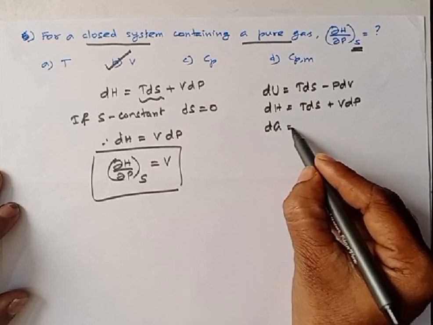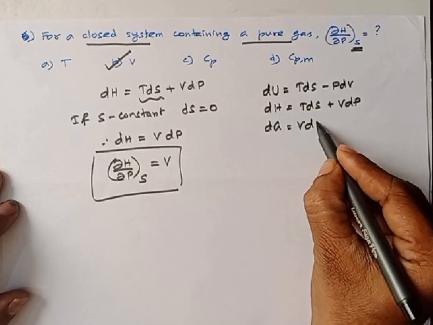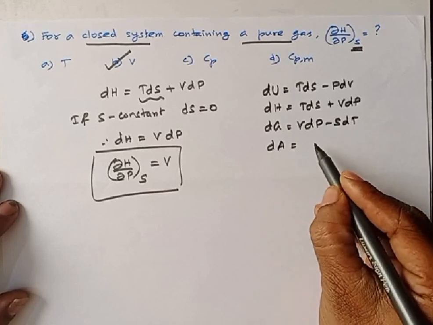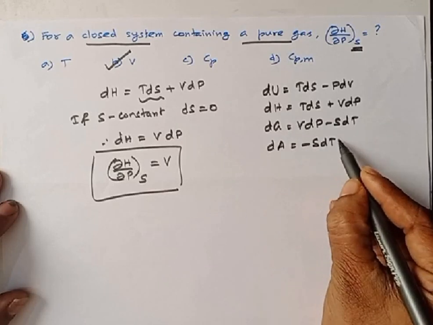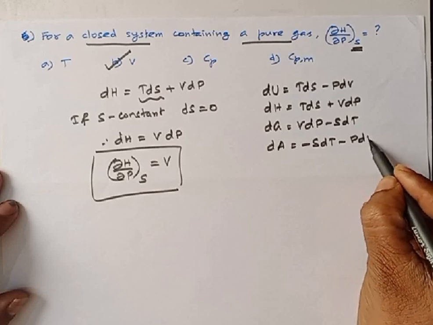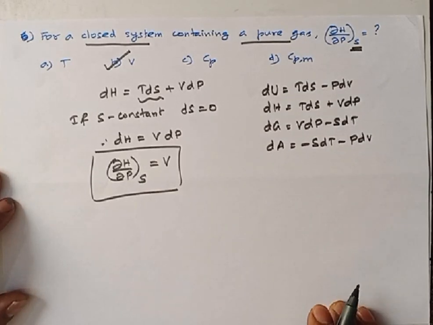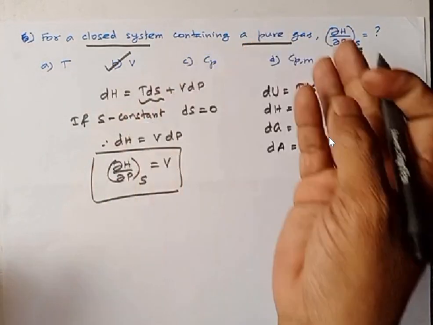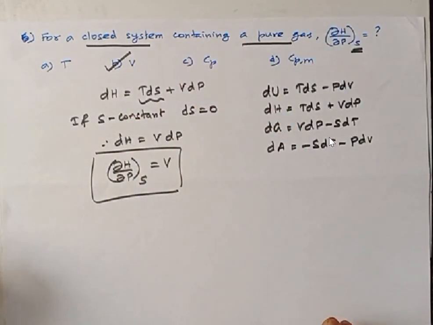Change in Gibbs free energy equals VdP minus SdT. Change in Helmholtz free energy equals minus SdT minus PdV. Remember all four expressions, which are very, very important. Based on these, they may ask questions like this. It's very simple to answer. Now let me move on to the next question.